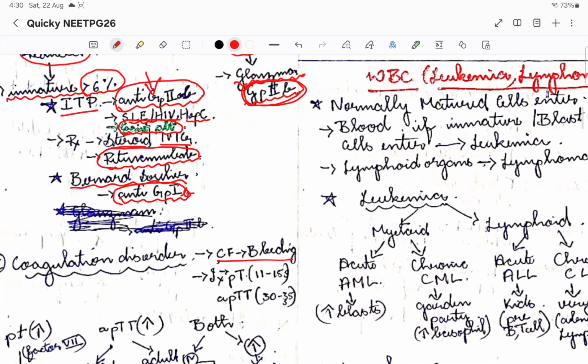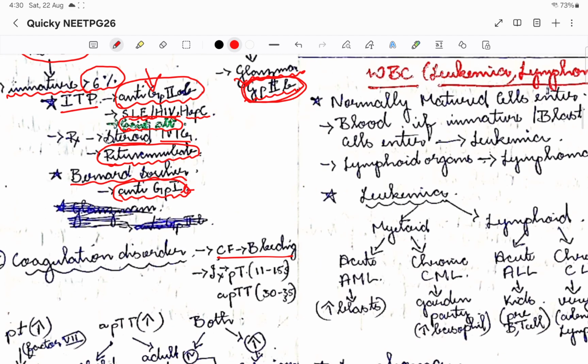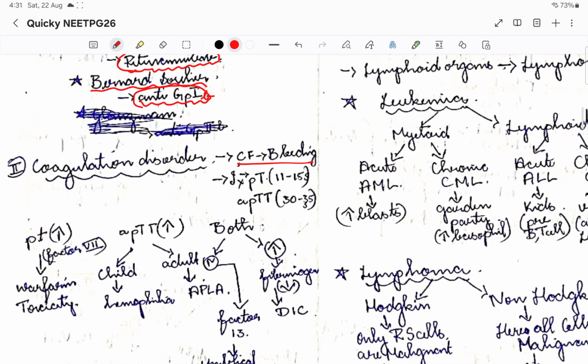In the later parts the coagulation pathway is also affected, because if there are not enough platelets for primary hemostasis, where will the coagulation factors act, right? So we see bleeding in the later stages, whereas petechiae and purpura we see in the early stage itself. So remember this for your clinical practice also.